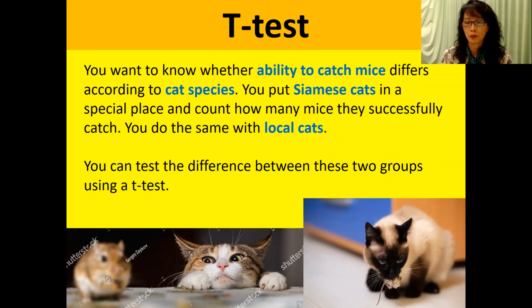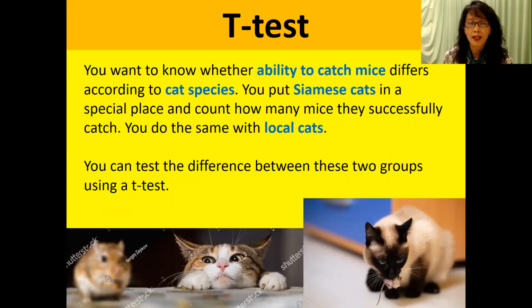For example, we can look at two species of cats in terms of their ability to catch mice, the Siamese cat and the local cats. We put them in a room that is specially set up and conduct an experiment. And we measure or count the number of mice they manage to catch in a set time.